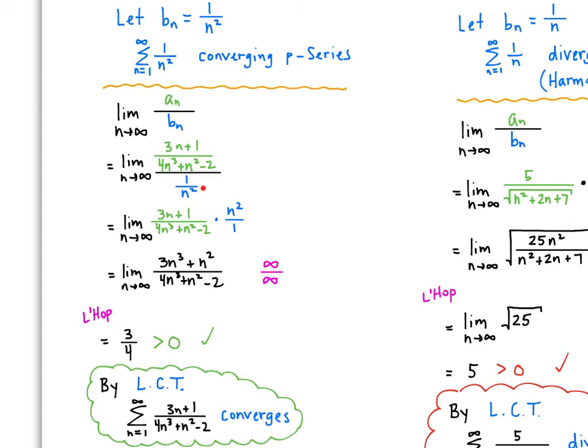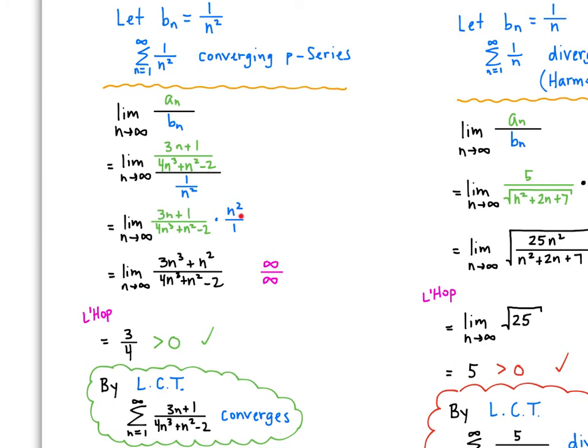Instead of dividing by a fraction, we're really multiplying by the reciprocal. And this is where we want to pick a b sub n so that when we set up our limit, we get the same powers in the numerator as in the denominator, at least those leading degrees.